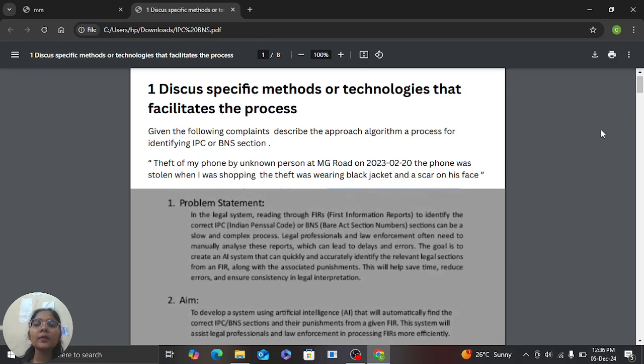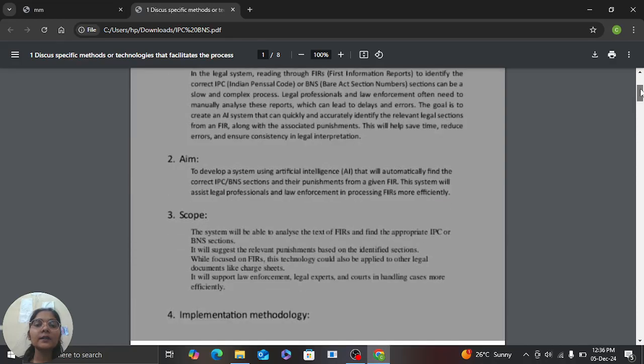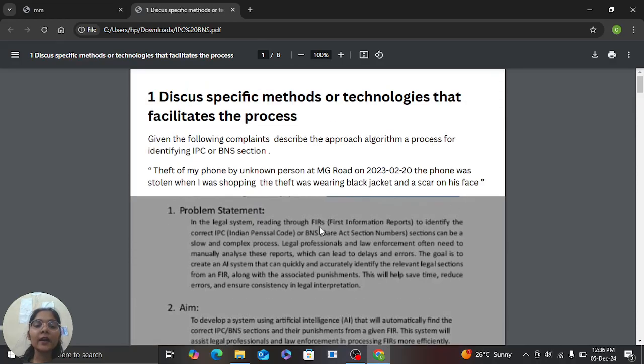So firstly we need to identify our problem statement, what actually the problem is. We know that the problem is regarding the FIRs, how it takes manual effort, how because of manual work the problem of error can occur, and how much time it takes.